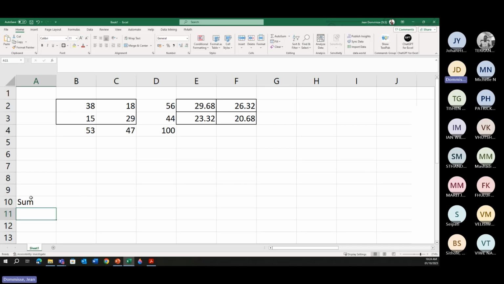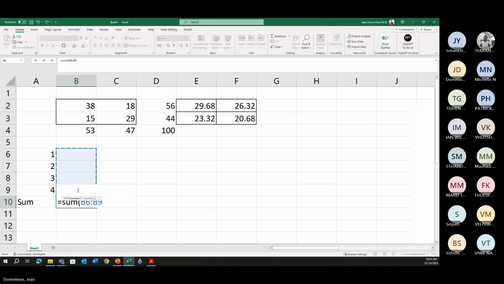I'm doing it 1, 2, 3, 4, and we're going to sum it. But there's also a function that does it, so we're gonna do that function as well, just so that we see that everything works out.